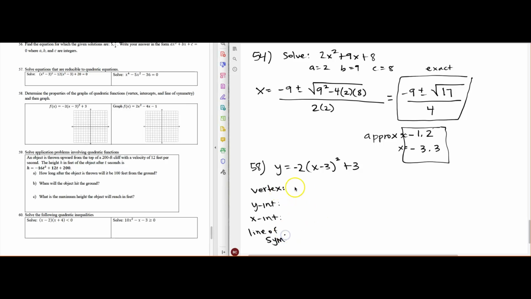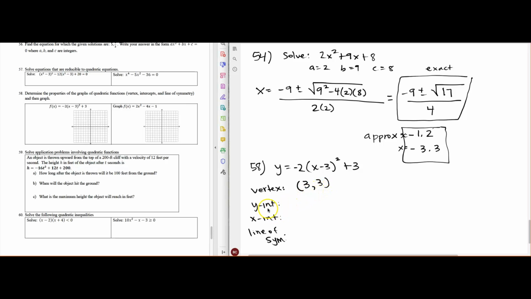Okay, so what would our vertex be? Would it be 3, comma 3? Yeah, it's going to be 3, 3, right? Remember, insiders are liars, so that's going to be a positive 3. And this one's not inside anything, so we just leave it how it is. Okay, so our vertex is 3, 3 on this one.